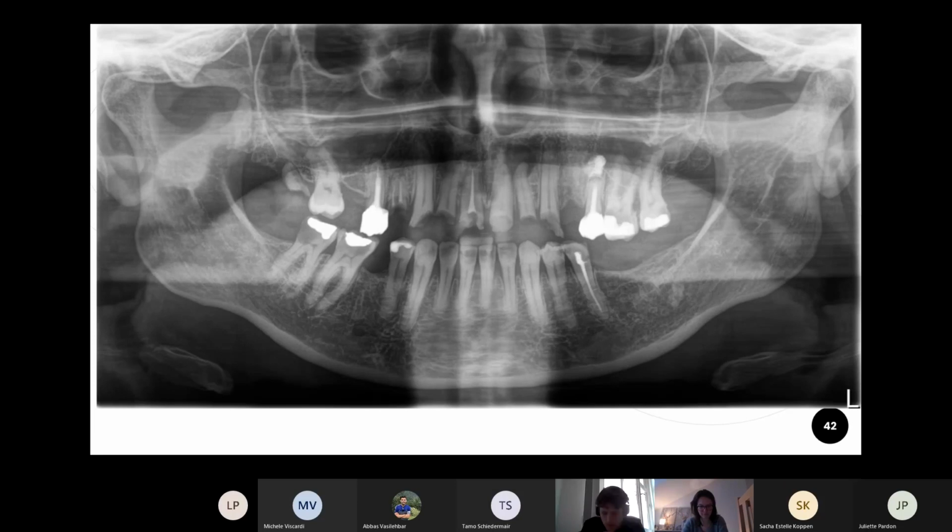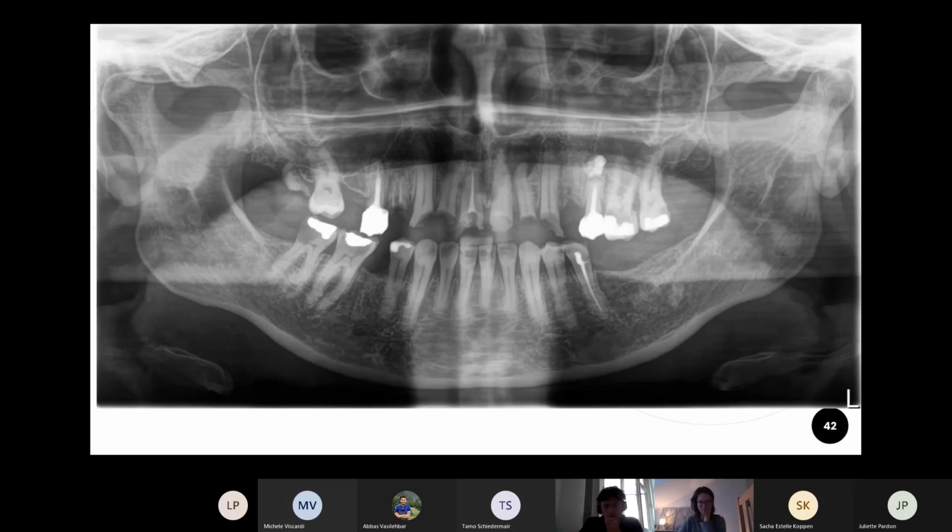And then the 5 is extracted again, 6 and 7 is amalgam, and again you can see huge caries lesions. That would be caries pulpae proxima, close to the pulp, or actually on 7 it already reaches the pulp. So always mention that too.